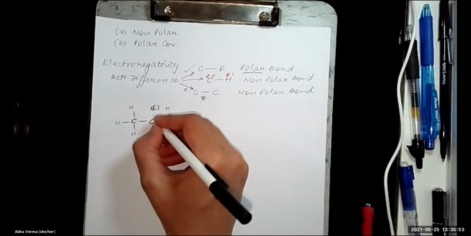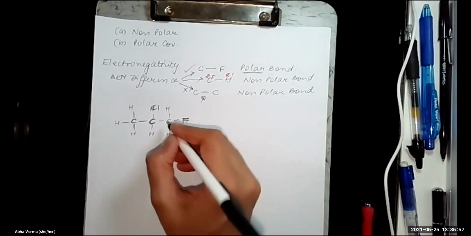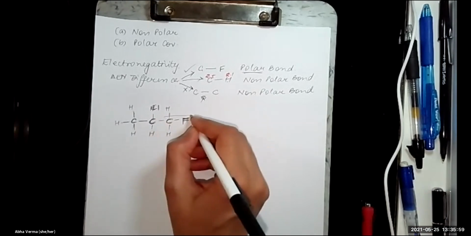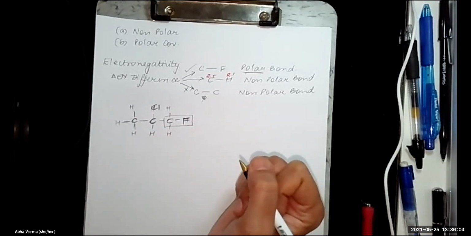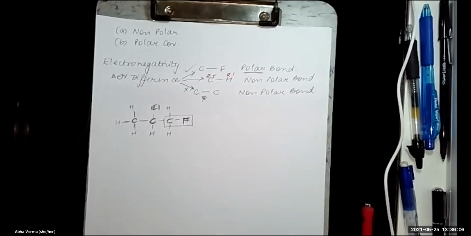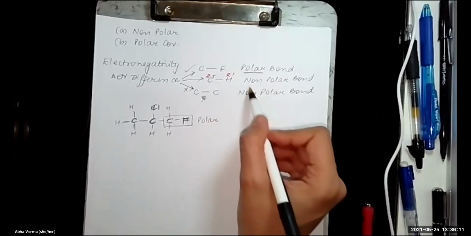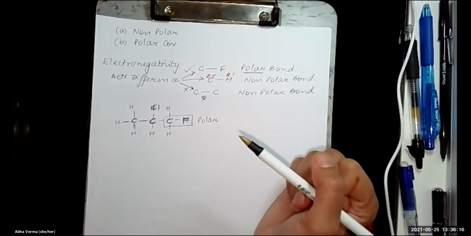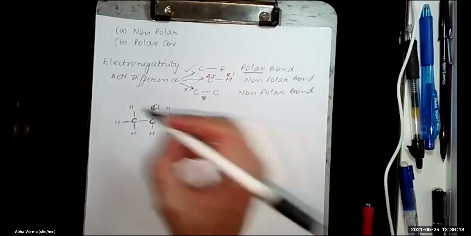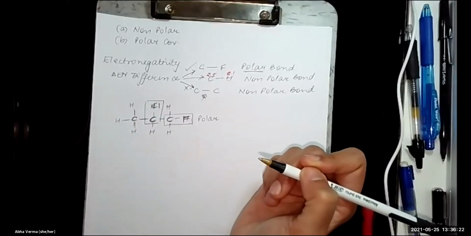I mean, carbon and F. So carbon and F, are they non-polar or polar? Polar. Right, they are polar. So I was asking for a non-polar bond. Carbon and Cl? Is that what you said? Yeah, I think it's nonpolar.